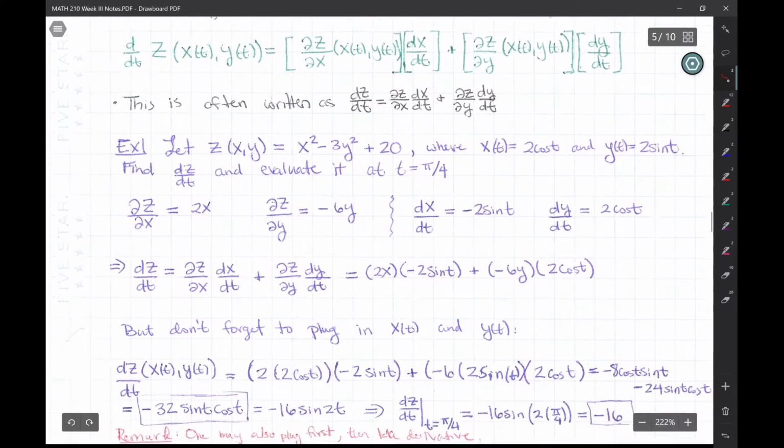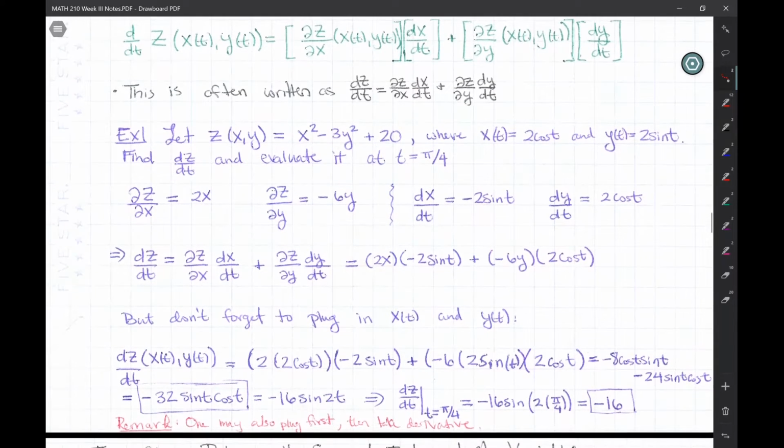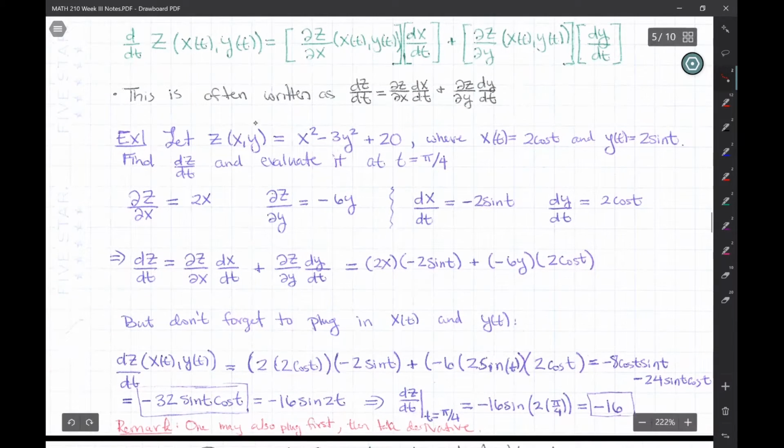So let's take a look at a concrete example and use this formula. We have this function of two variables, z, that depends on x and y, and here's how it looks: x squared minus 3y squared plus 20. We're also taking a particular path, given by x of t equals 2 cosine t and y of t equals 2 sine t.